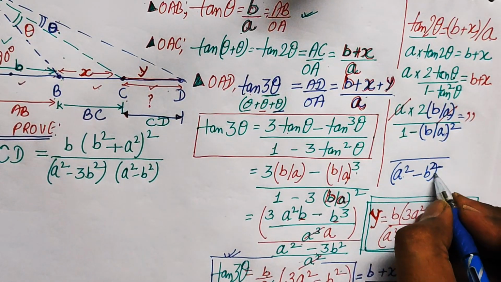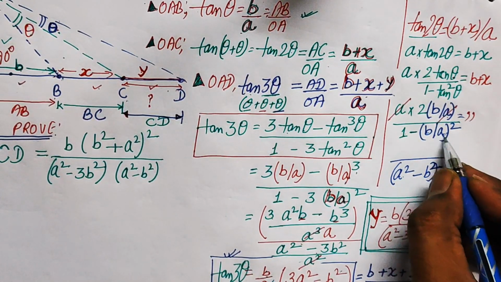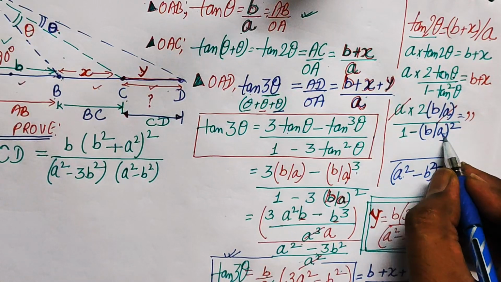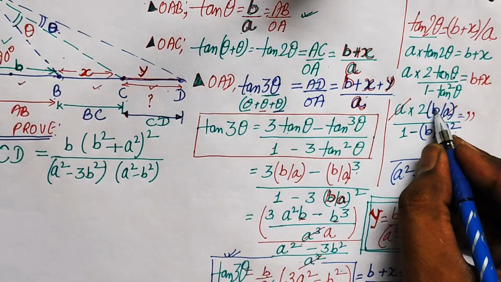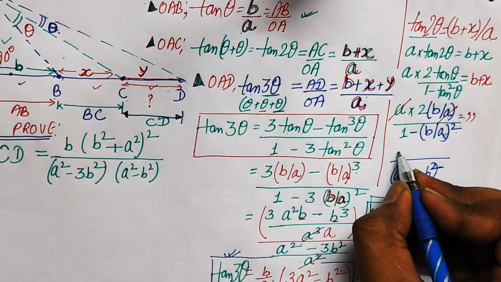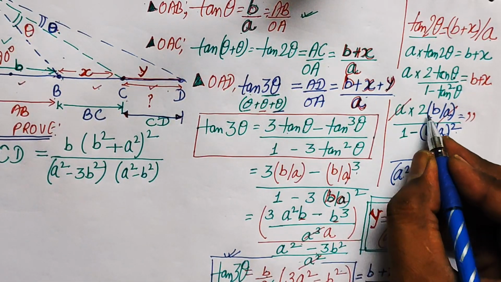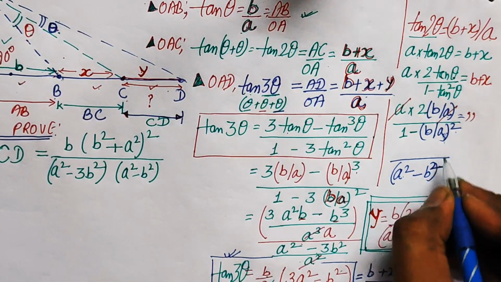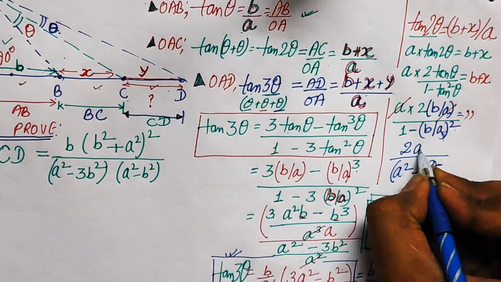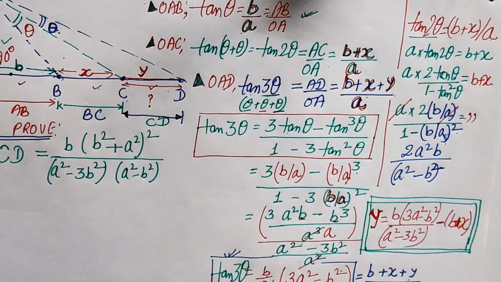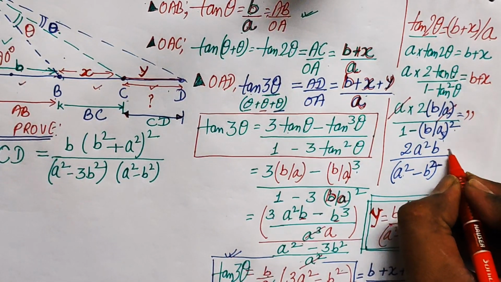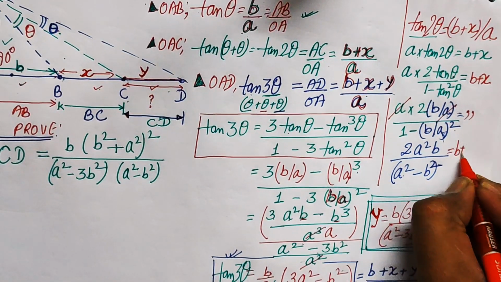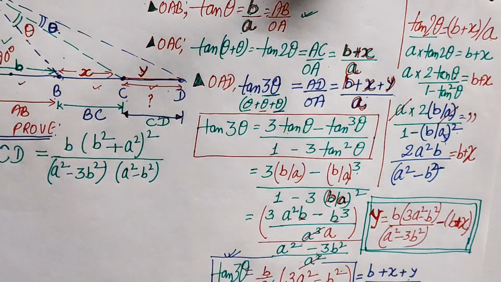So a square minus b square, and the denominator's denominator, that is a square, will be going into the LHS numerator, and it will be giving you 2b, and this a square gives you 2a square b. So you are getting the value of b plus x.